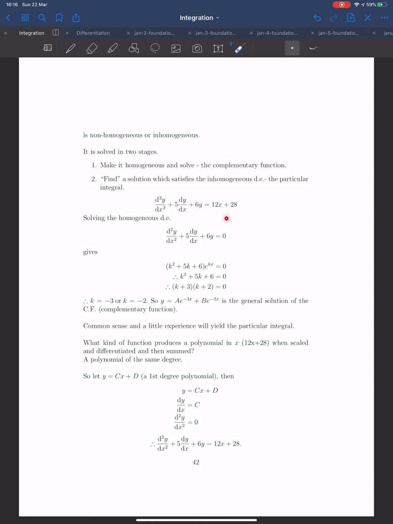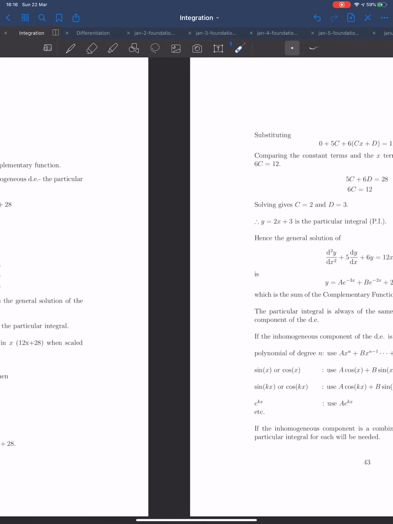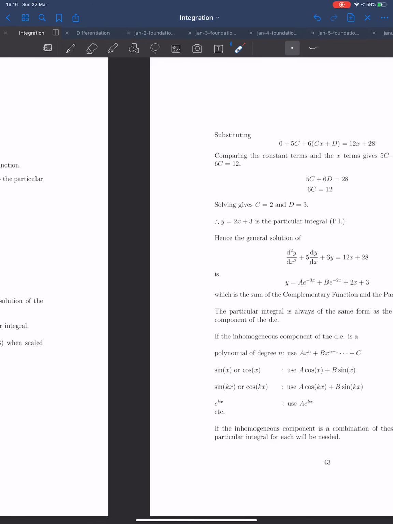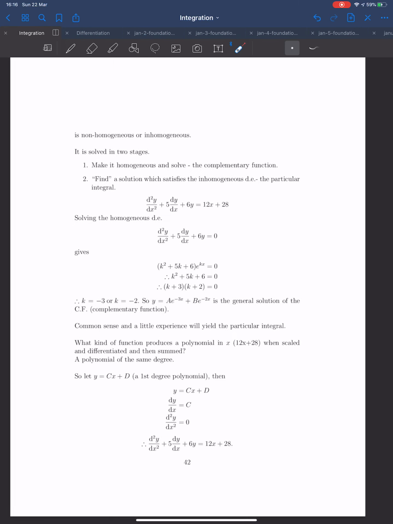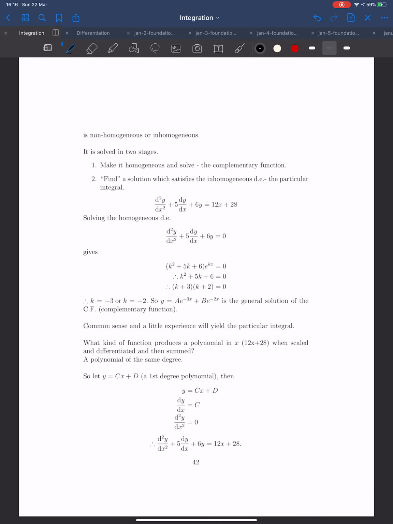And then because we've got a polynomial on the right hand side, we substitute a polynomial on the left hand side, and you do a simultaneous equation way, or comparing coefficients, to work out the finer details of the polynomial. I'll come on to that in a minute. So there's quite a lot there. I'll just talk it through anyway.